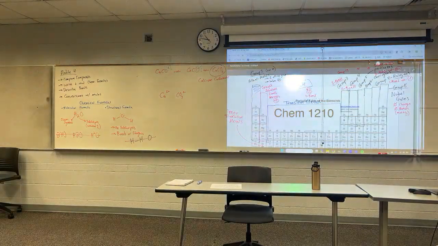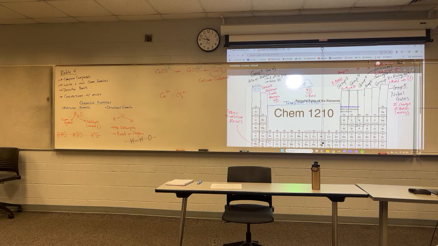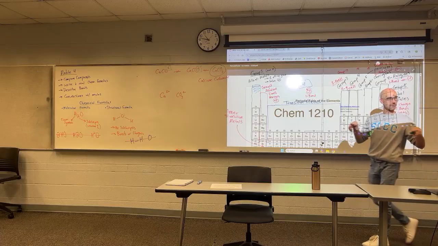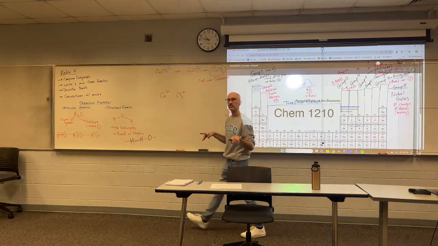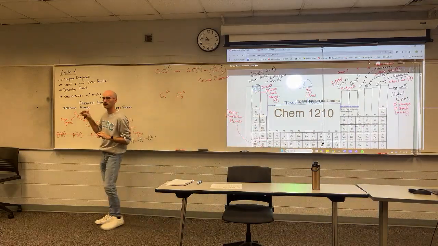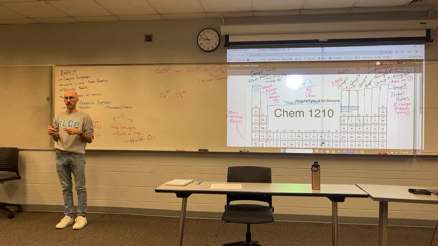What is the difference between the structural formula of water and the structural formula of calcium carbonate? Water has these lines. Calcium carbonate does not. There's another thing I want you to notice. Calcium carbonate has charges.